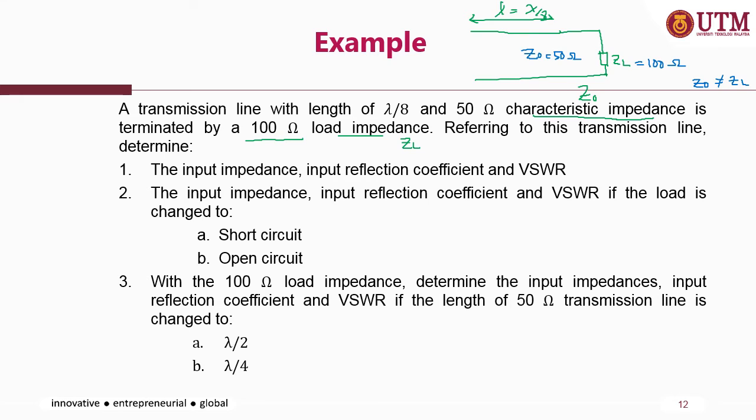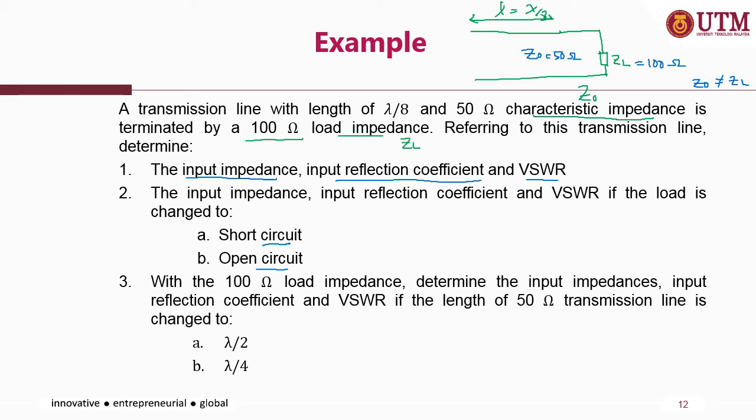Referring to this transmission line, determine the input impedance, input reflection coefficient, and VSWR. Next, determine the input impedance, input reflection coefficient, and VSWR if the load is changed to short and open circuit. So the first consideration is ZL equal to 100, but in the second question, you need to replace the ZL with short circuit and open circuit.